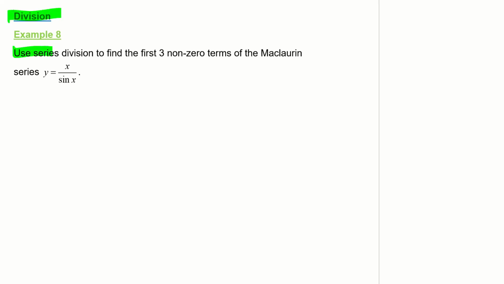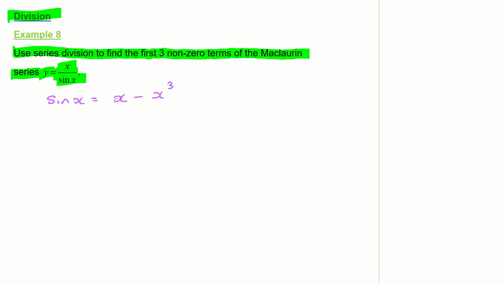Division. Use series division to find the first three non-zero terms of the Maclaurin series y equals x over sine x. Okay, so we know that sine x is equal to x minus x cubed on 3 factorial plus x to the 5 on 5 factorial, take away x to the 7 on 7 factorial, and so on.